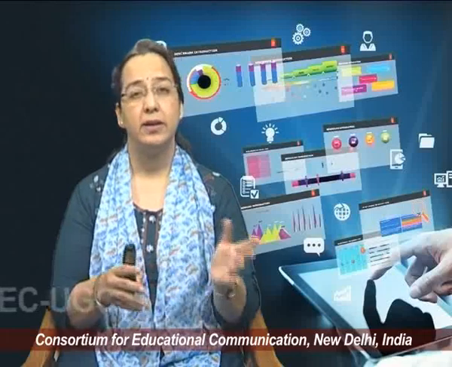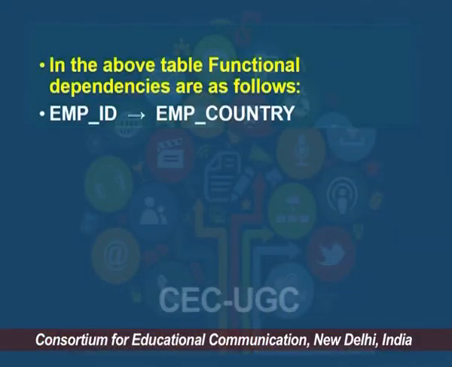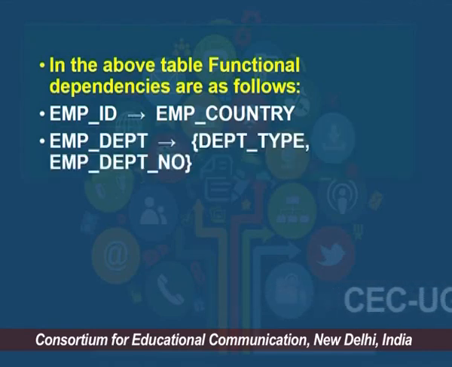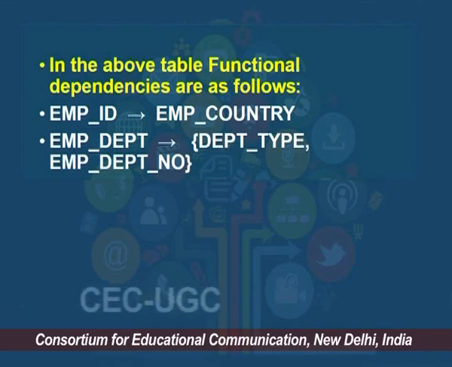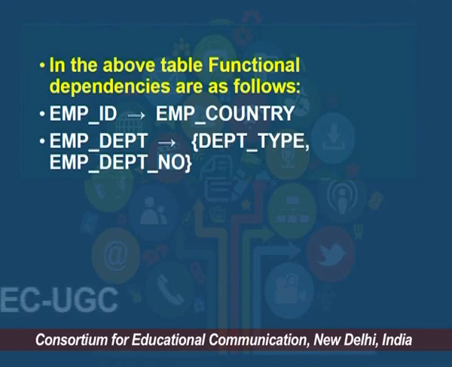If we look at the functional dependencies in this table, the first is between employee country and employee ID: employee country is dependent on employee ID. Similarly, department type and department number are dependent on employee department.